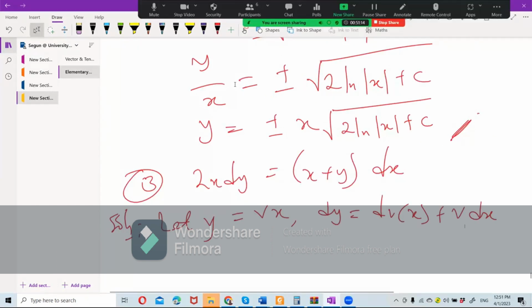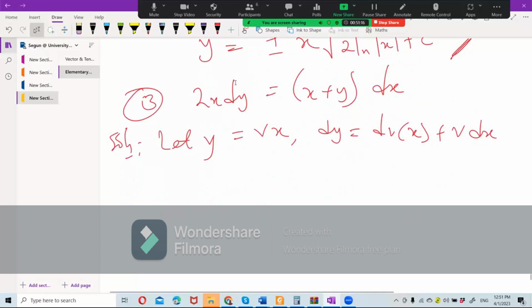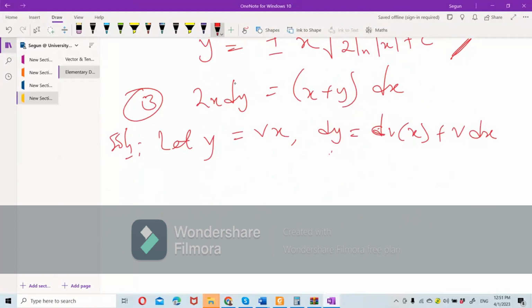It's still the same thing we did the other time, only that I just cross multiply with the x. Multiply through by the x. So our dy is equals to x dv plus v dx.